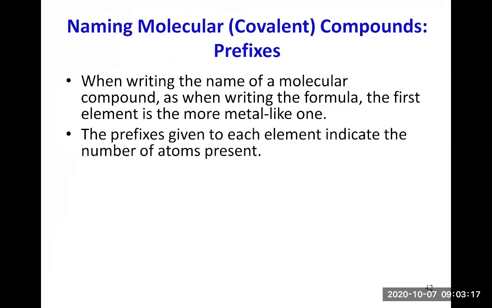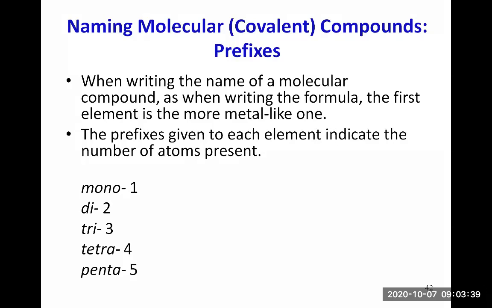The prefixes that we place in front indicate the number of atoms present for that element. So they are Greek prefixes. Mono indicates 1, di for 2, tri for 3, tetra for 4, penta for 5, hexa for 6, hepta for 7, octa for 8, nona for 9, and deca for 10.